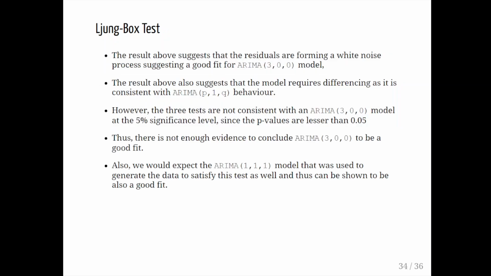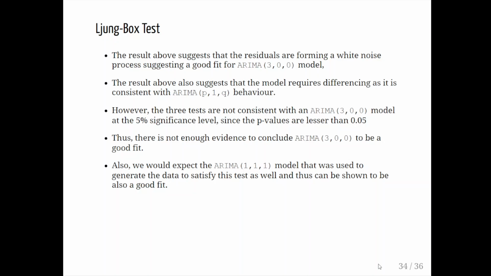Okay, so let's reconcile all of the results that we have gathered. First, let's look at the previous ones before we looked at the test. The result above suggests that the residuals are forming a white noise process, suggesting a good fit for an AR(3) model or an ARMA(3,0) model. The results above also suggest that the model requires differencing as it is consistent with an ARIMA(p,1,q) behavior. However, these tests, which are the Box tests that we've just carried out, are not consistent with the ARMA(3,0) model at the 5% significance level, since the p-values are less than 0.05.